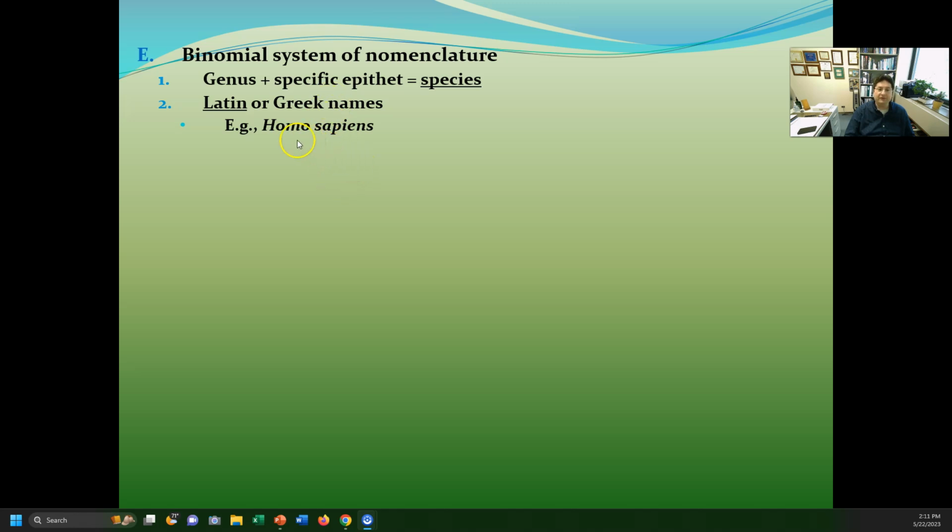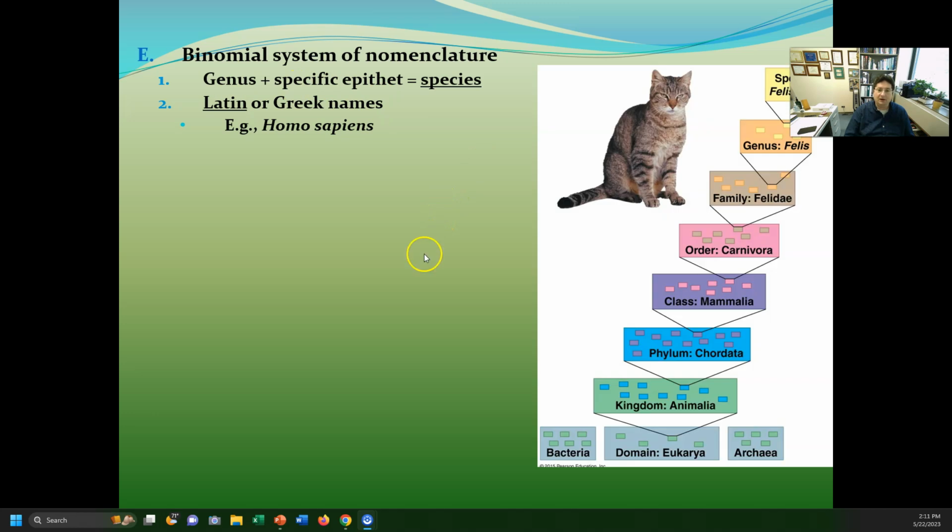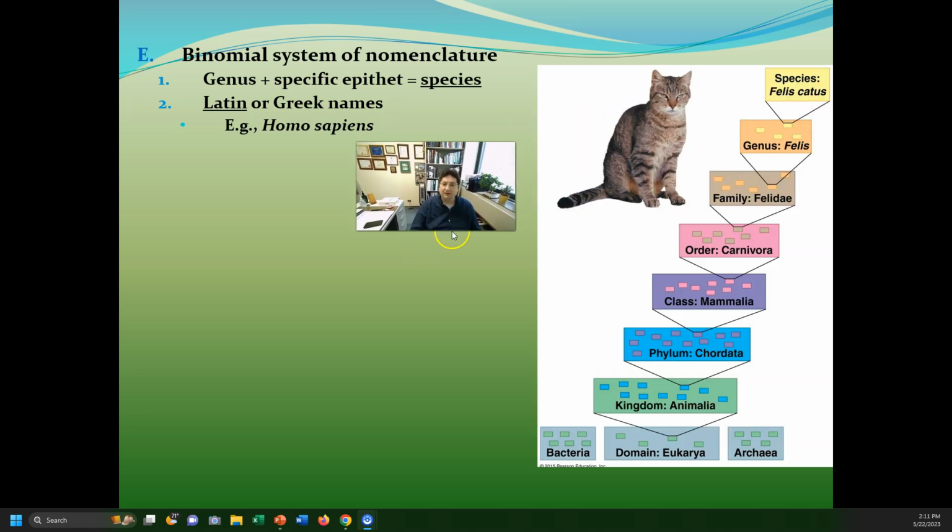Now, you will notice that the genus name is always capitalized, and the specific epithet is always lowercase, and both words are italicized. Or if you were handwriting, you could underline each word. All right, so for example, if we look here, here's a domestic cat.